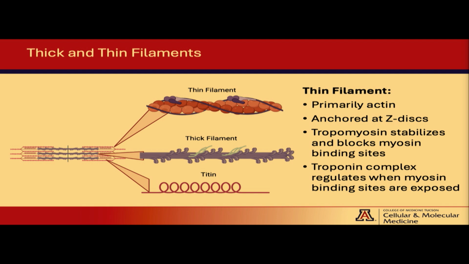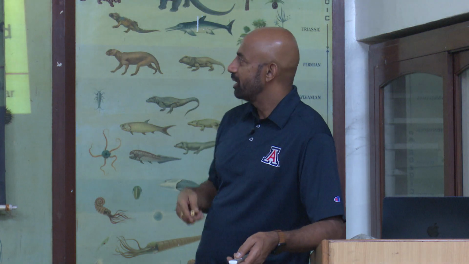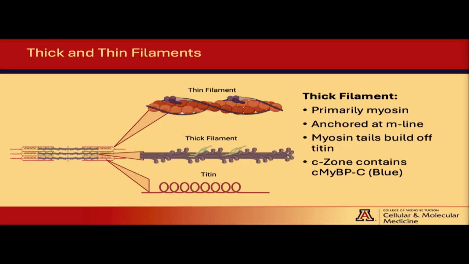Within the troponin complex, we have three major proteins: troponin I, troponin T, and troponin C. Troponin C is the calcium binding protein, the C indicates that. When calcium binds, it releases the blockage so that myosin can directly interact with actin and force can be generated.